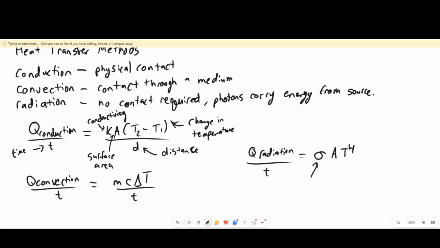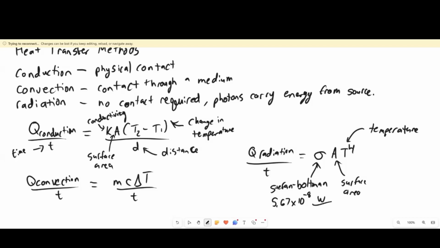So this sigma is the Stefan-Boltzmann factor, which is just a constant. This is again the surface area. And this is T to the fourth. This is temperature to the fourth. And the Stefan-Boltzmann factor is 5.67 times 10 to the minus 8. And the units on that are watts per meter squared per temperature to the fourth.